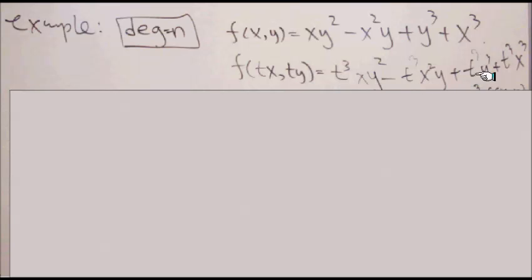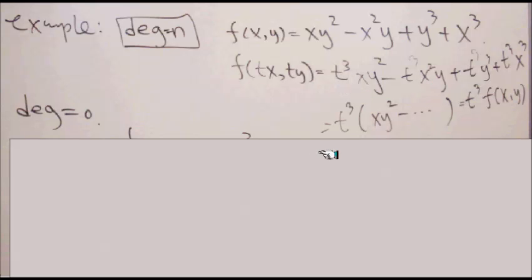As you collect the powers of t for each term, they all have t to the third, and that's the degree of each term. They're all the same for each term, so it's so-called homogeneous. You can factor out that t cubed. I'm sloppy not writing down the rest, but if you look at each term without the t part in it, you can easily see that it's exactly the copy of f(x,y).